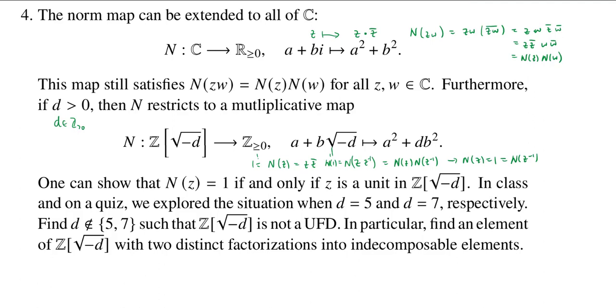So your problem this time is to find some d, not 5 or 7, something we haven't covered, such that Z adjoin root -d is not a UFD. By the way, you don't want to use 1 because we know the Gaussian integers are a unique factorization domain. So, a little clarification: we want to find an element of Z adjoin root -d with two distinct factorizations into indecomposable elements.